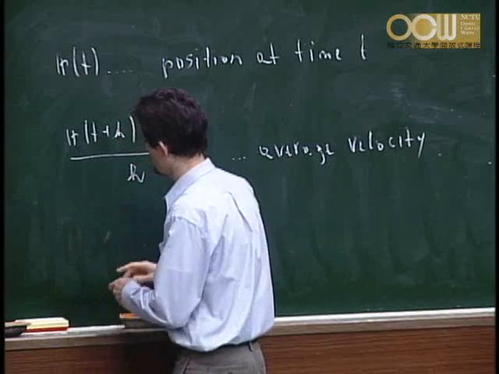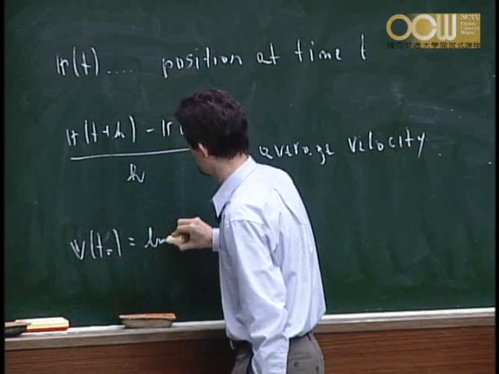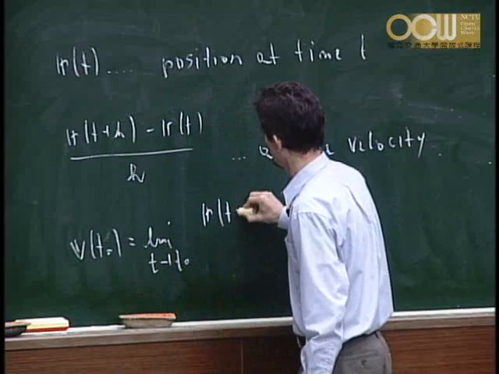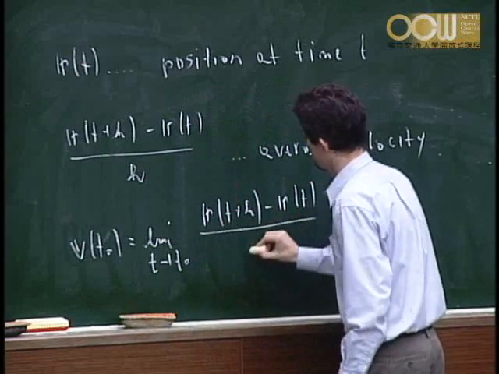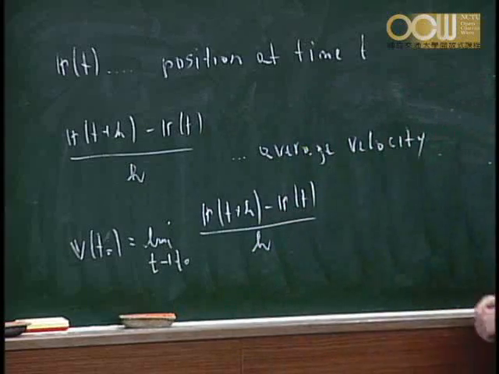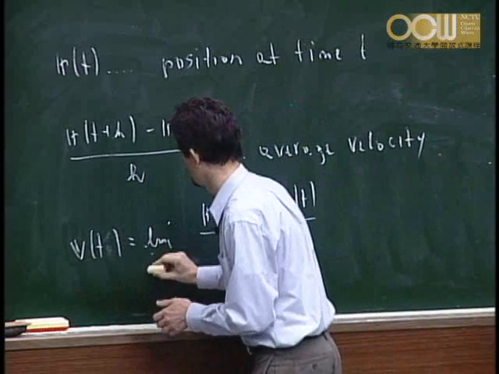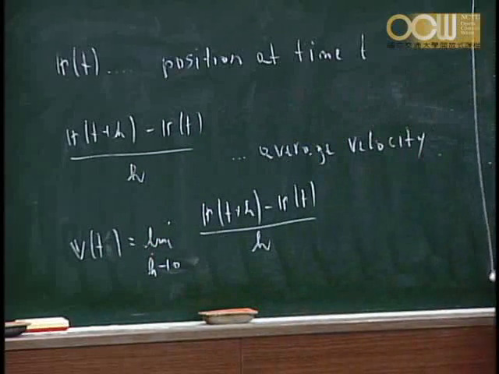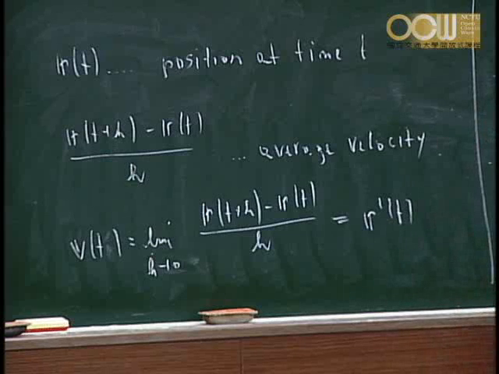So you will define the velocity at the point t0 as the limit, h tends to 0. And this should be t here. Which corresponds to our derivative. So this is also by definition how we define the derivative.